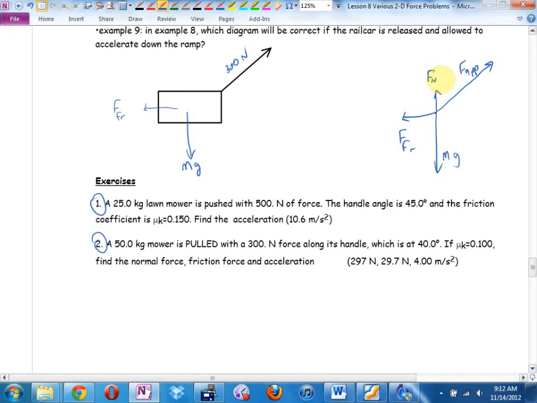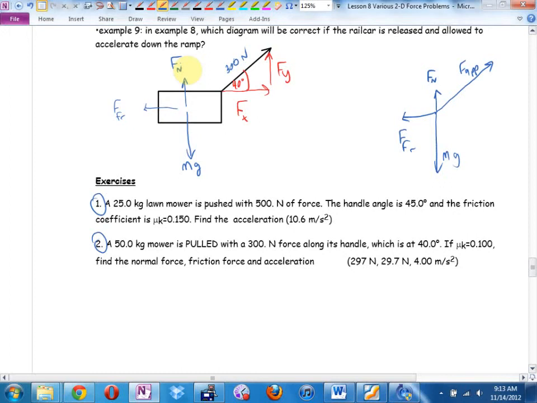Is the normal force equal to mg? So you know. Why? I need to realize that there's going to be a horizontal component, Fx, and a vertical component, and I said the angle was 45 because I was reading number 1. It's 40 degrees. Okay? The normal force is going to be on my diagram, but it's not going to be long. It's going to be short.